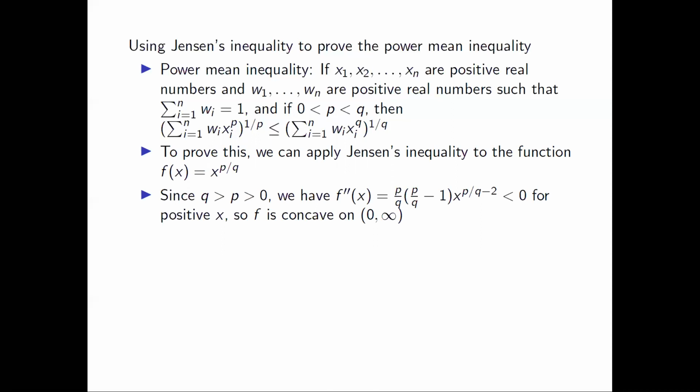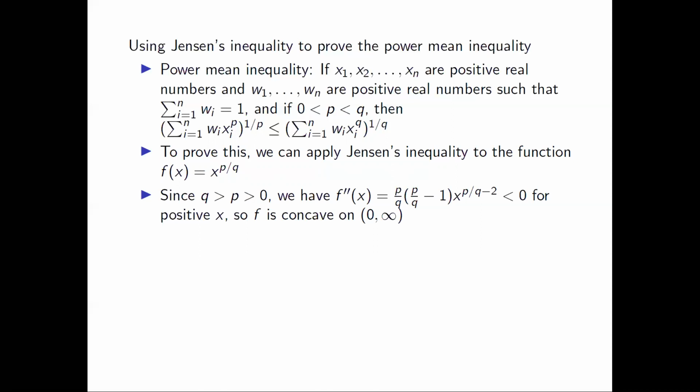Let's check that function. When we take its first derivative, we get p over q times x to the p over q minus 1. When we take the second derivative, we get p over q times p over q minus 1 times x to the p over q minus 2.